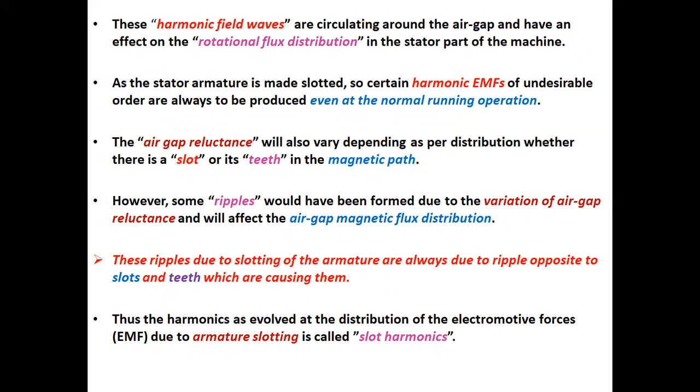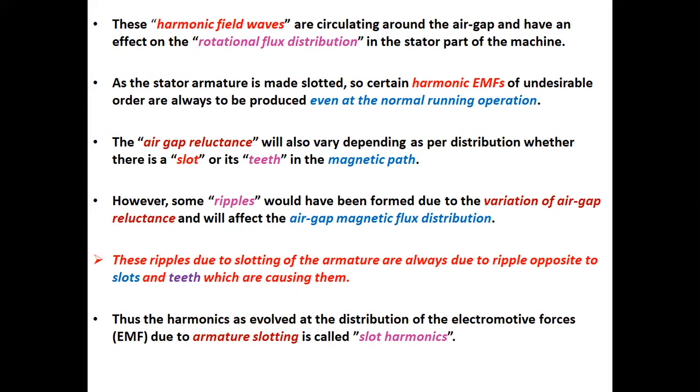As the stator armature is slotted, certain harmonic EMFs of undesirable order are always produced even at normal running operation. The air gap reluctance will also vary depending on whether there is a slot or a tooth in the magnetic path.